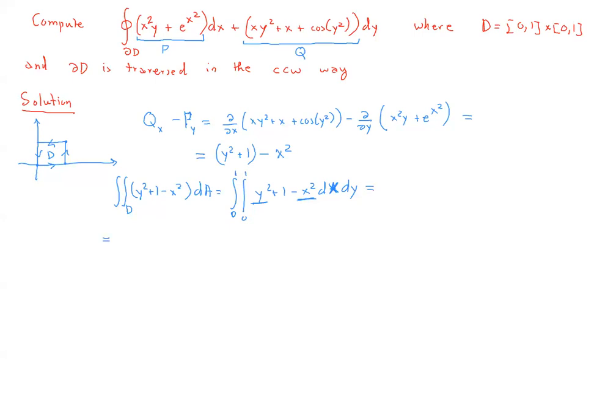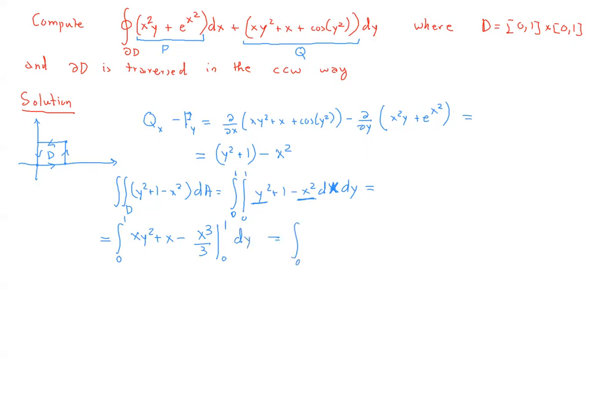We can show how this is done in an iterated way. So you will have x y squared plus x minus x cubed over 3, and this has to be computed from 0 to 1. And then go dy.